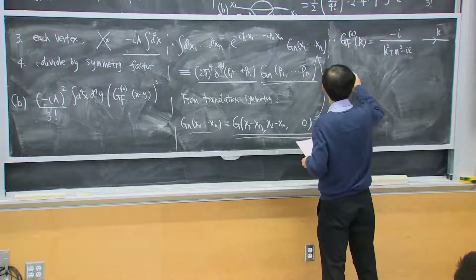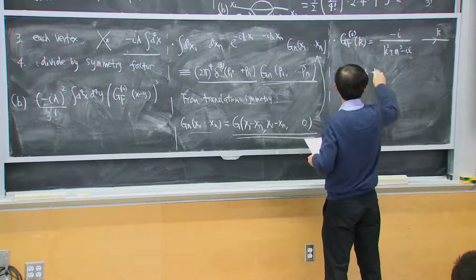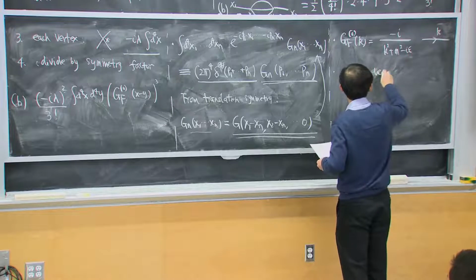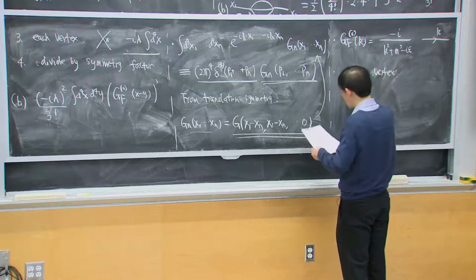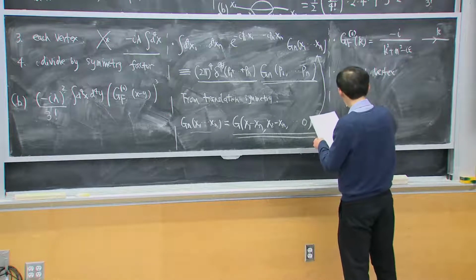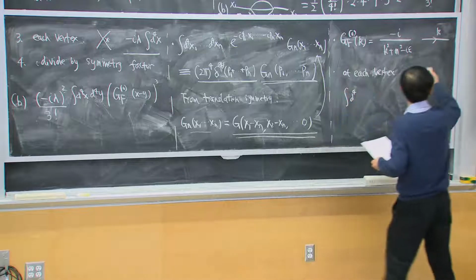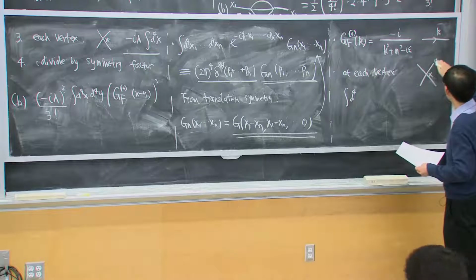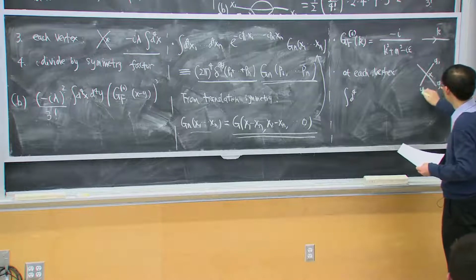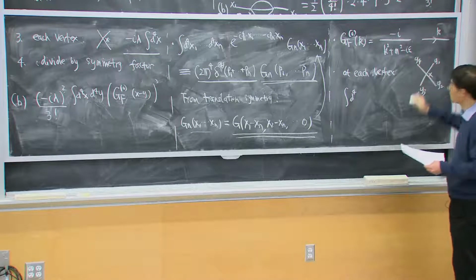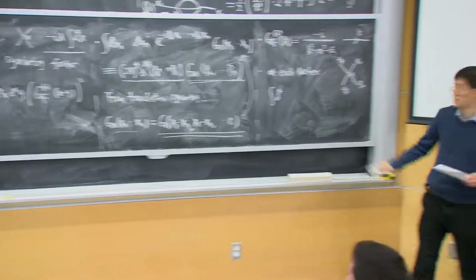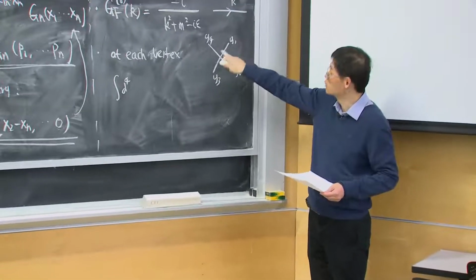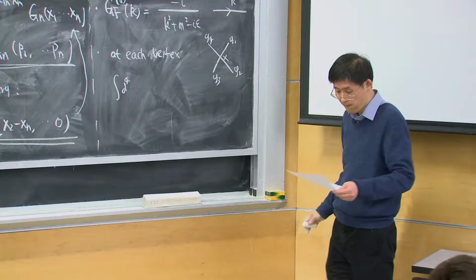At each vertex, we have an integration. So suppose we have a vertex like this. Here is x, and this is contracted with y1, y2, y3, y4. So these 4 phi's are contracted with 4 different y's, okay?